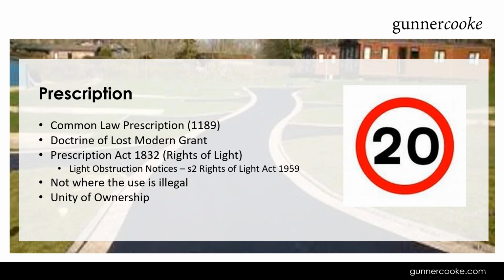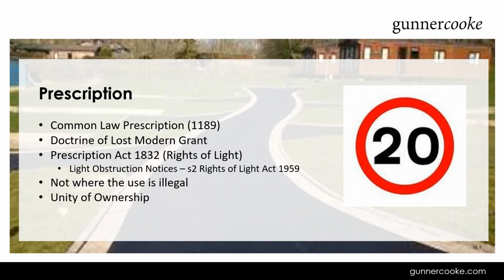So why is it still good law? Well, it comes into its own in respect of rights of light. Prior to the Prescription Act, rights of light were very difficult to establish. But what this did was it allowed a right of light to be acquired after 20 years with the absence of any written consent. It doesn't require a user to have been of right.